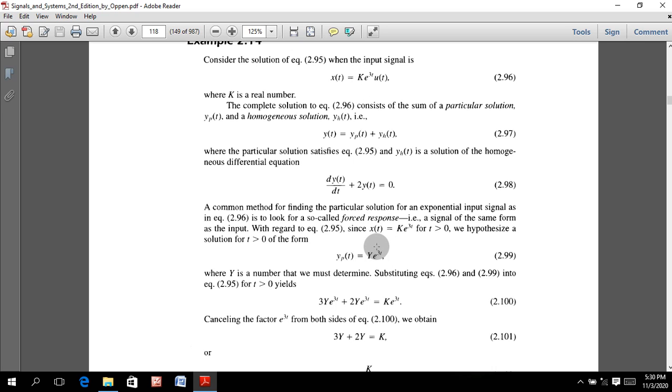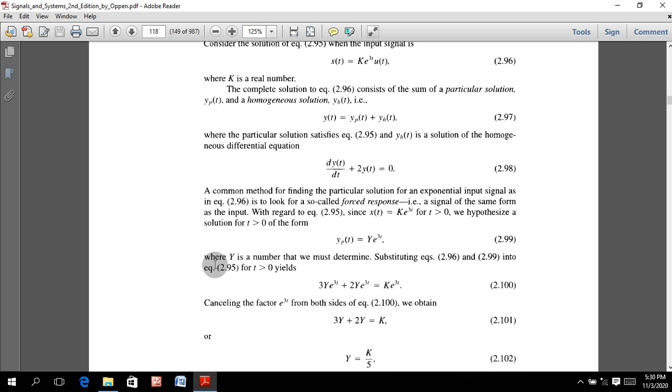Suppose, regarding equation 2.95 that we have already discussed, x(t) is equal to k times e to the power 3t for t greater than 0. So u(t) is 1. We hypothesize the particular solution for t greater than 0 to be of the form y_p(t) = Y e to the power 3t, where Y is a number that we must determine.